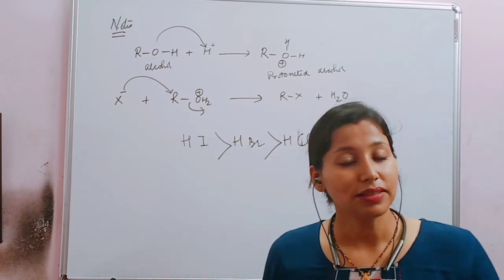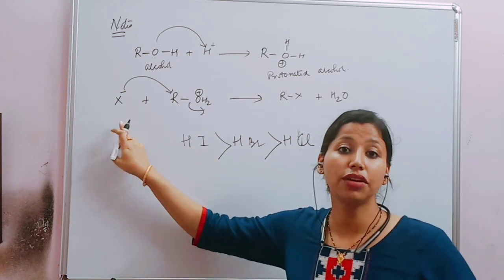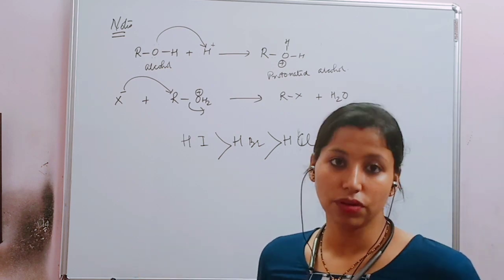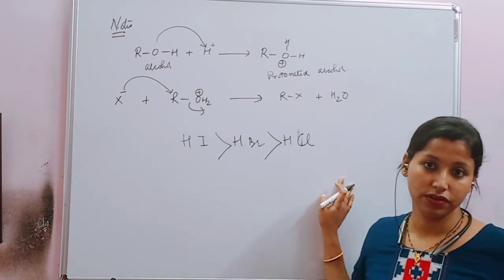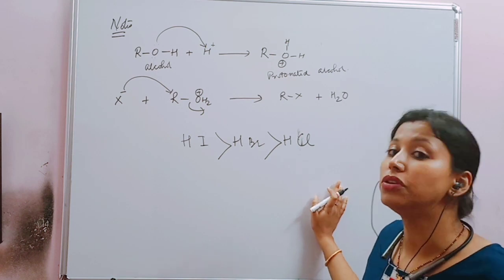Why is this so? This is because the I minus, that is this nucleophile that will be formed, has more tendency to donate its lone pair to the carbon compared to all others. This is in accordance with bond dissociation enthalpy, which you studied last year.